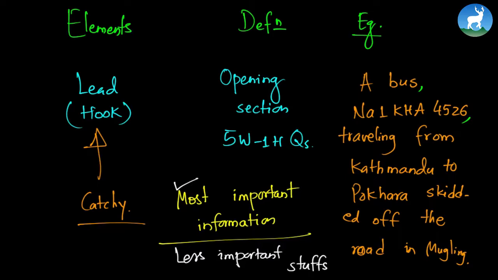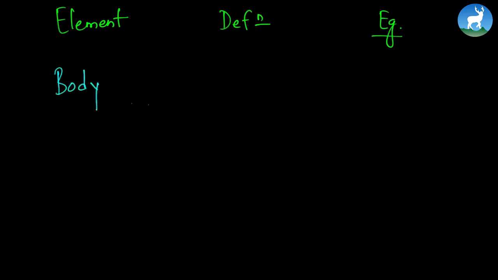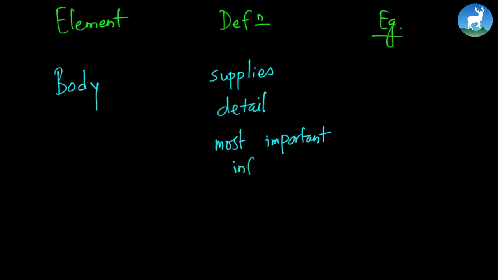Let's go on studying these different elements. Now we have body. What does body do? Body supplies detail. Body also follows the same rule, most important information first. Same rule is applied.